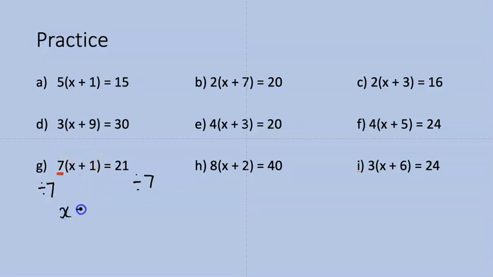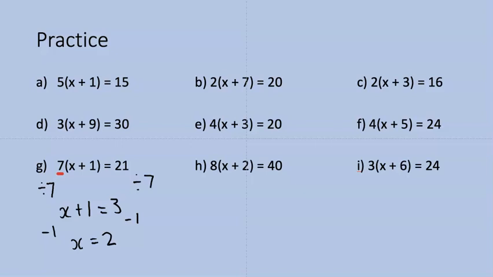So I just write what's inside the bracket. The brackets then go away. 21 divided by 7 gives me 3. And then take away the 1 on both sides. So x equals 2. So that's the other way to do it.